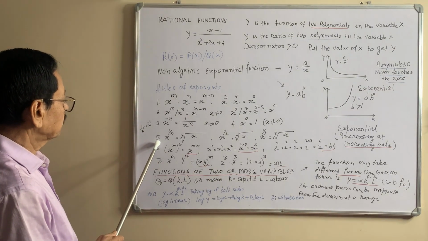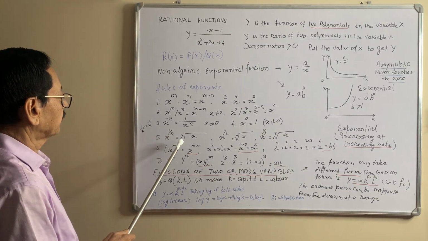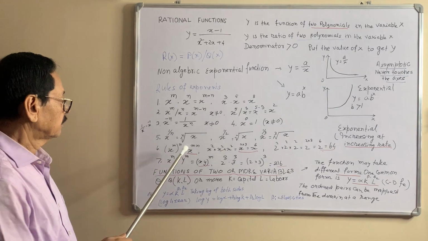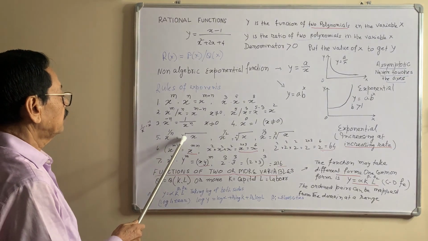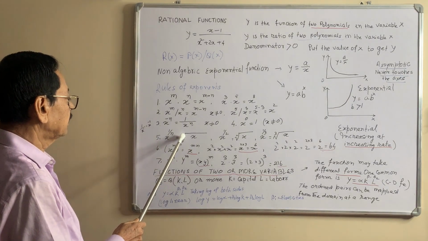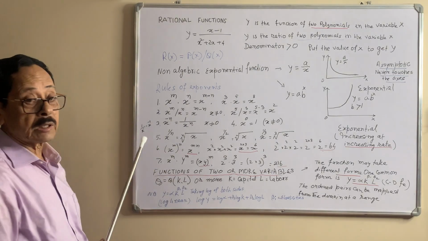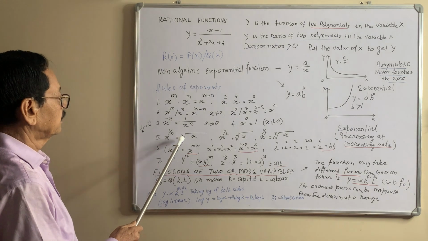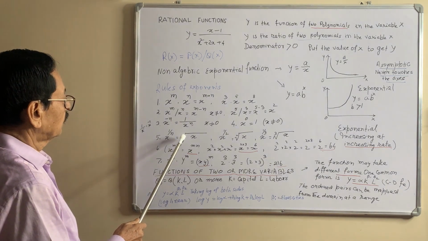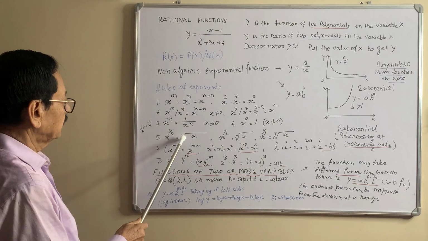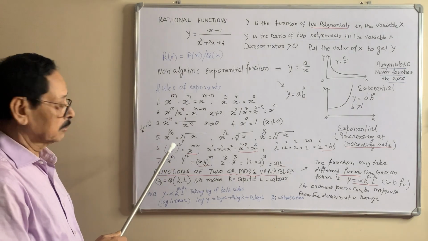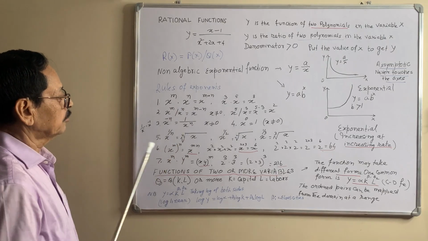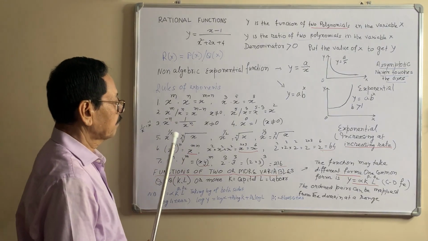Then the fifth rule, x to the power 1 by n. It is nothing but the nth root of x. When you do not put anything here, it is generally the square root. But when you put something, either 2 or 3 or n, then it is the third root, or fourth root, or nth root of the variable x.